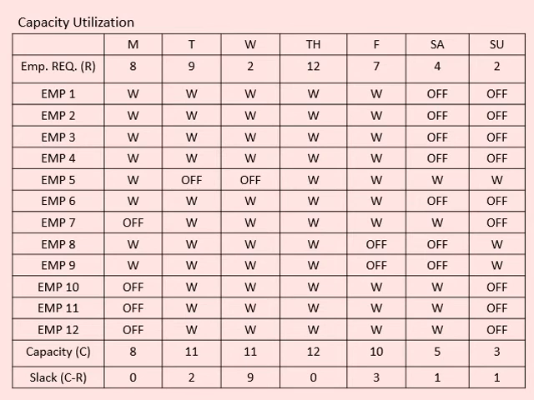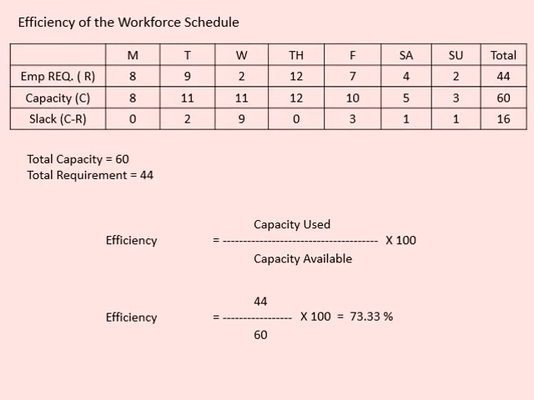Finally, we can calculate the efficiency of the workforce schedule. We create a table like this. We find out the total requirement of workers for the week, as given in the problem. It comes to 44. We then calculate the workforce available, depending on our workforce schedule design. We find the total for the week as 60.